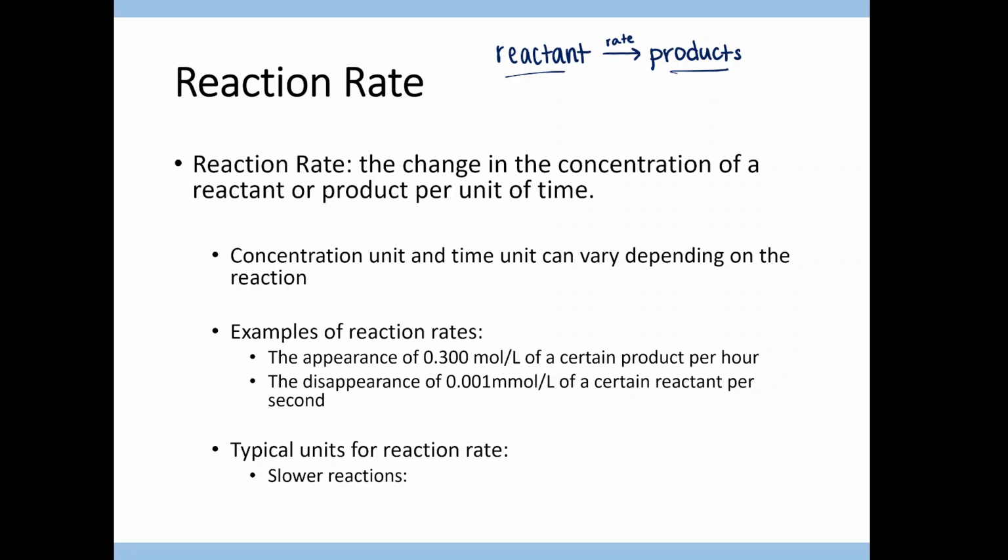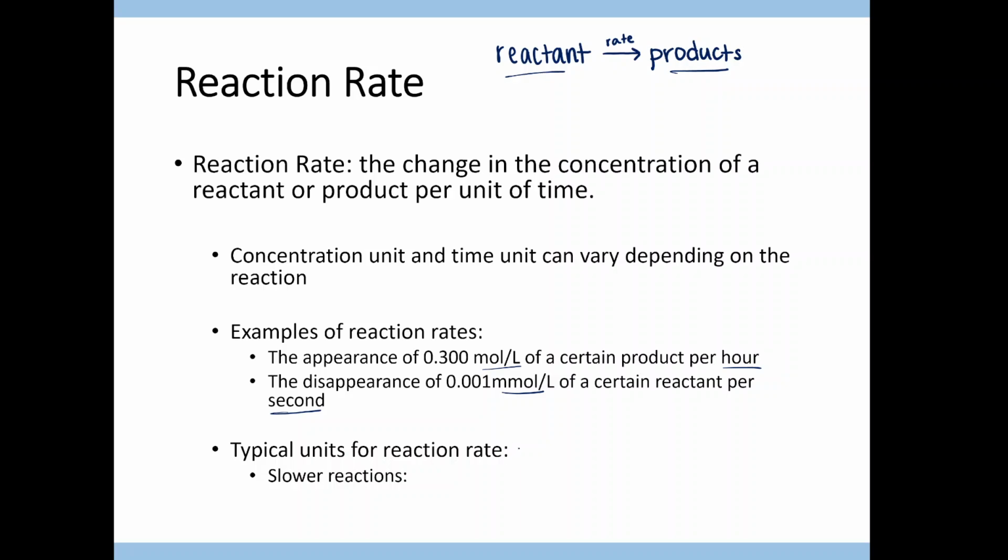So that product is generated and produced at a rate of 0.3 molar per hour. Or you can say that a reactant disappears at a rate of 0.001 millimoles per liter per hour, or per second. So this is concentration and this is time. Concentration and time.